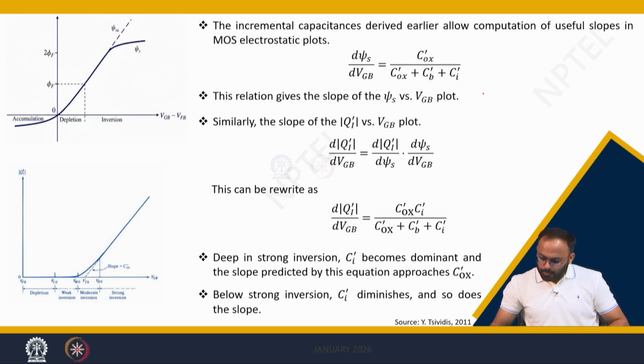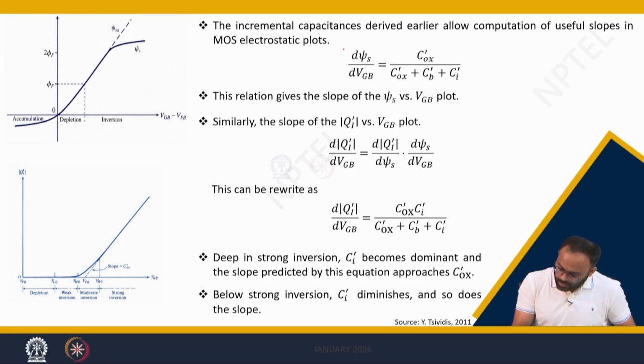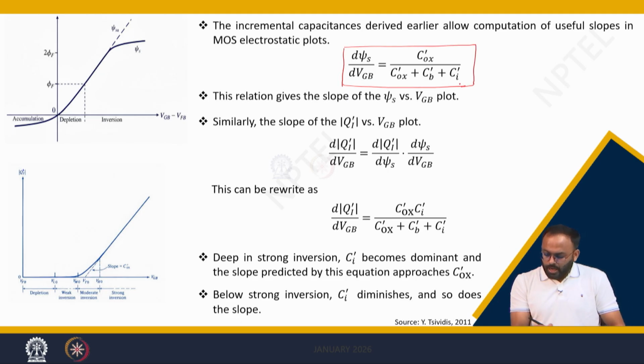Let us see much more about the capacitance and the relation between surface potential and the inversion charge. We will define a slope factor which is n. You remember in weak inversion we defined a slope factor n, and we said that slope factor is a factor which actually tells you how much gate control you have over surface.